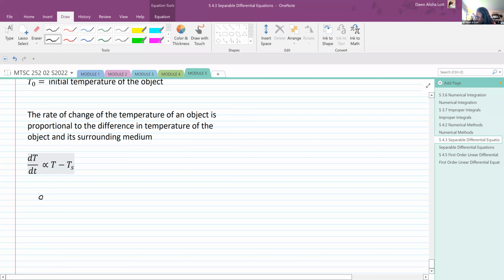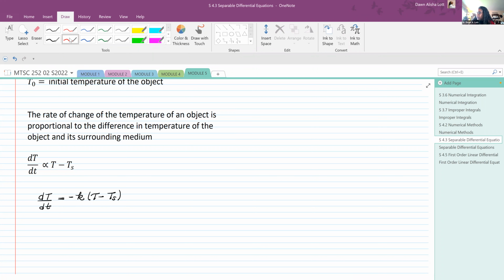So we have dT/dt is equal to k times (T minus Ts). And it turns out we need it to be negative. The reason why is if the temperature of the object is greater than the temperature of the surrounding medium, this is positive, this is negative, because we're assuming k is positive.